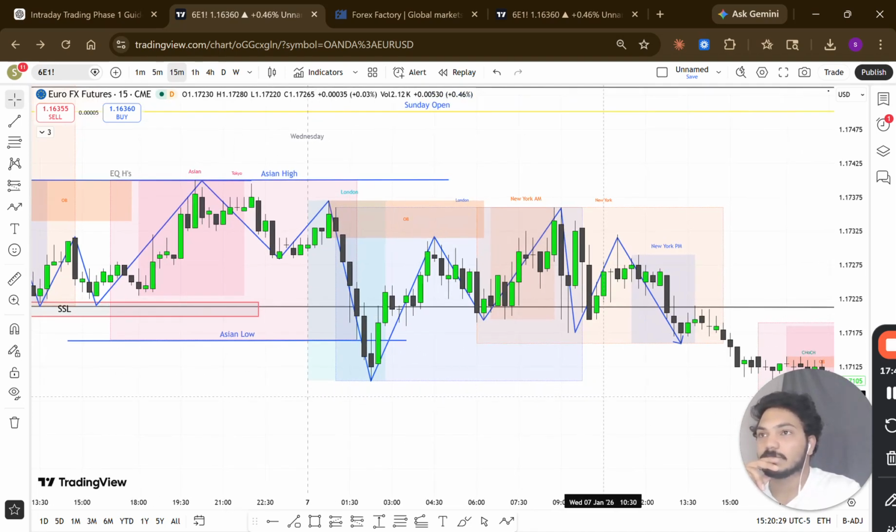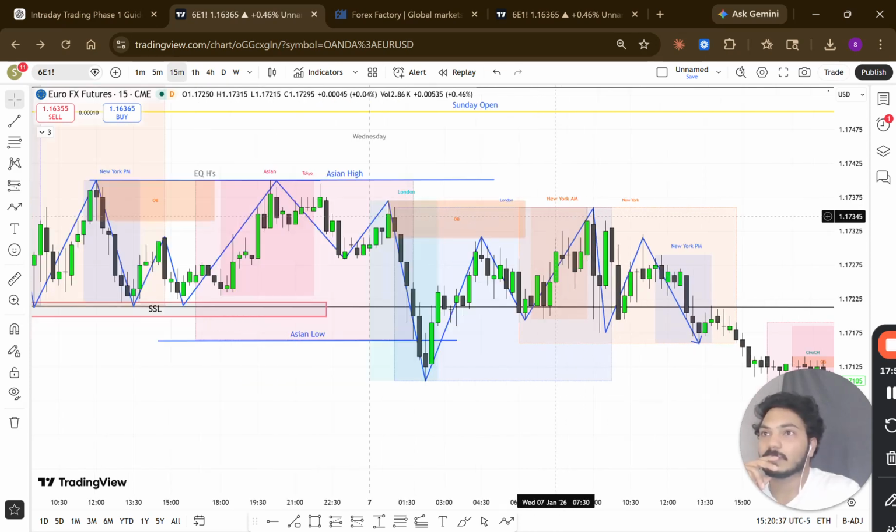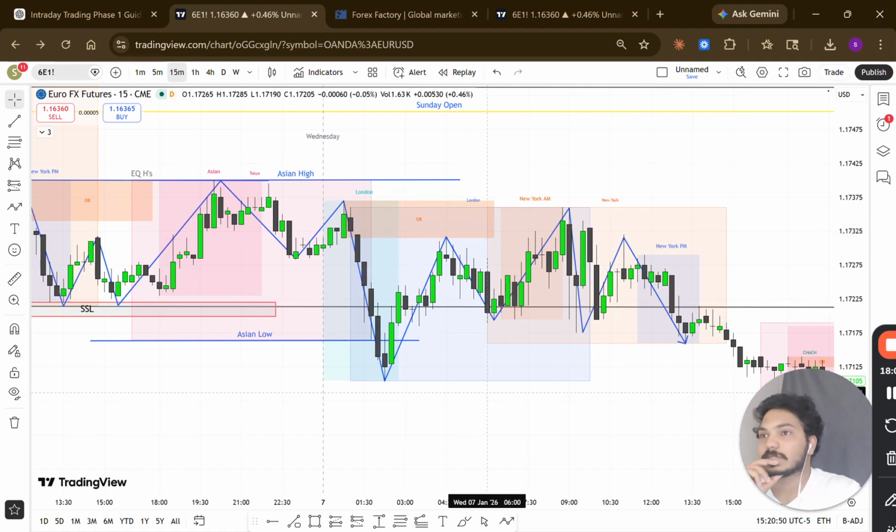You can see these large candles which show us the news impact. So 7:59.